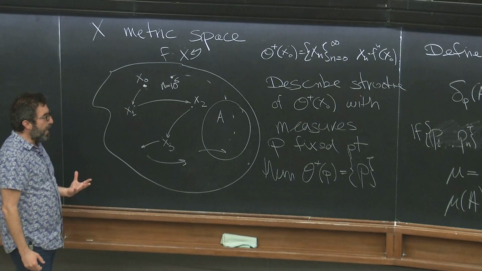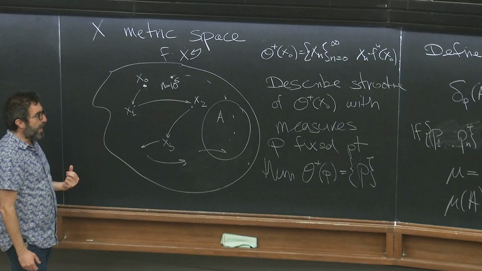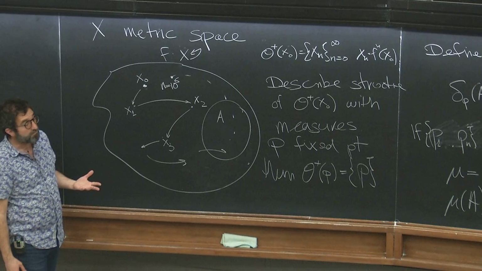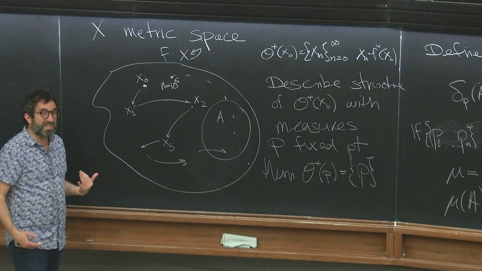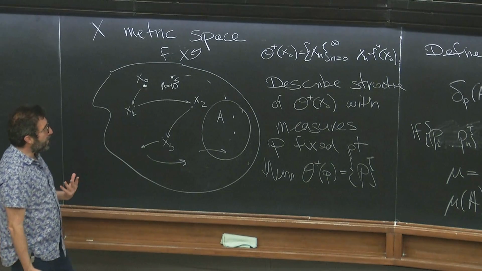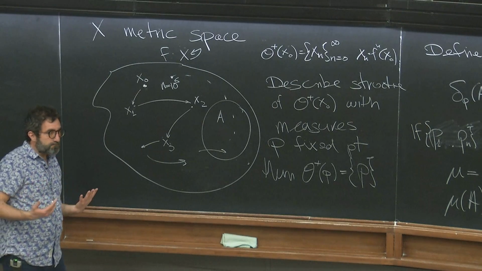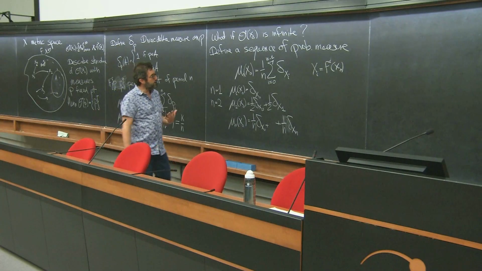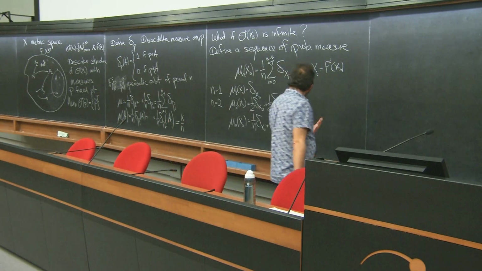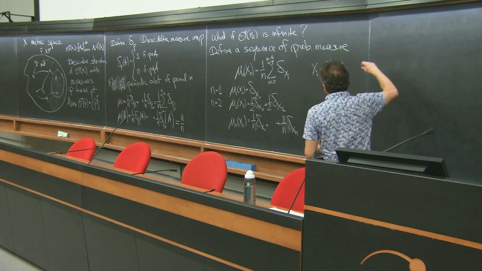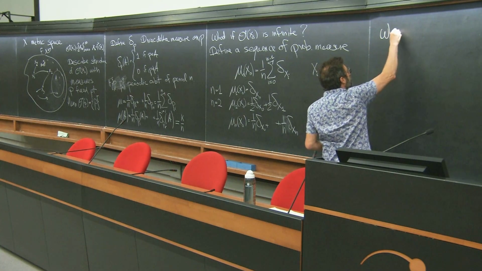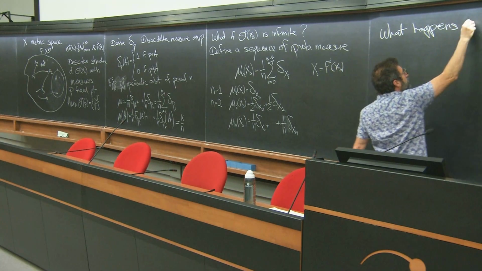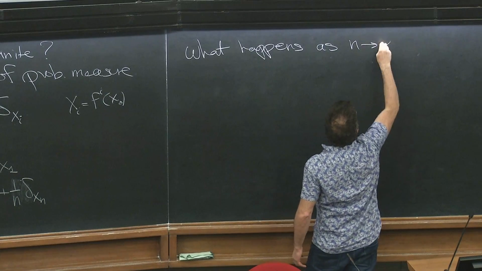And then our question is, what happens as n goes to infinity? Right? That's what we're trying to do. We're somehow trying to look at the limit, in a sense, right? So what happens as n goes to infinity?